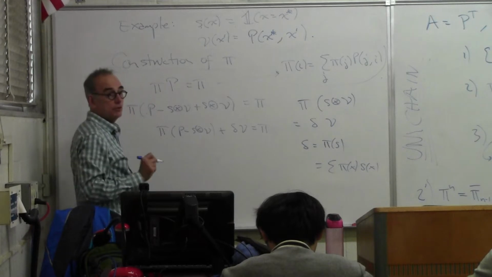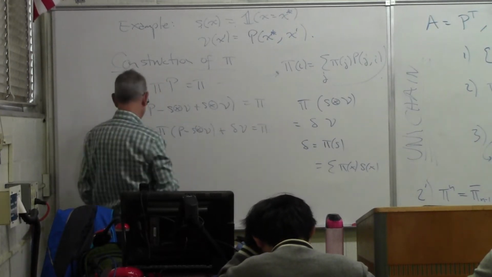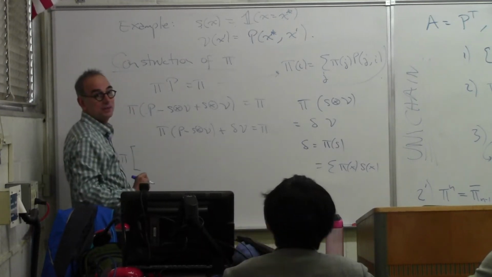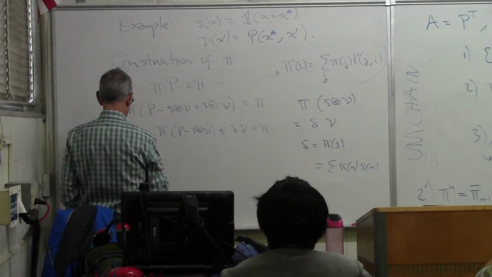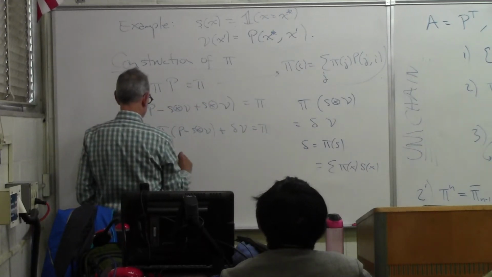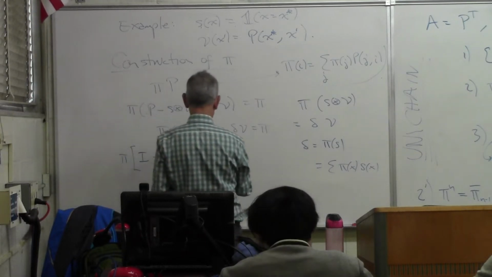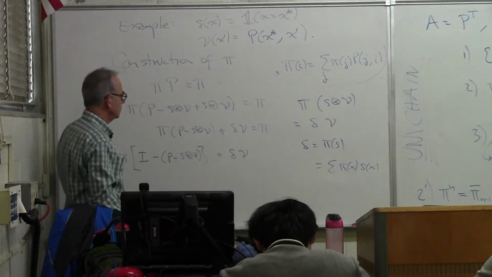And you all can imagine what I'm going to do now: move things around. I saw so many nods, I'm going to write it down. I'm going to take this to the left-hand side and flip things around. So what have I done?